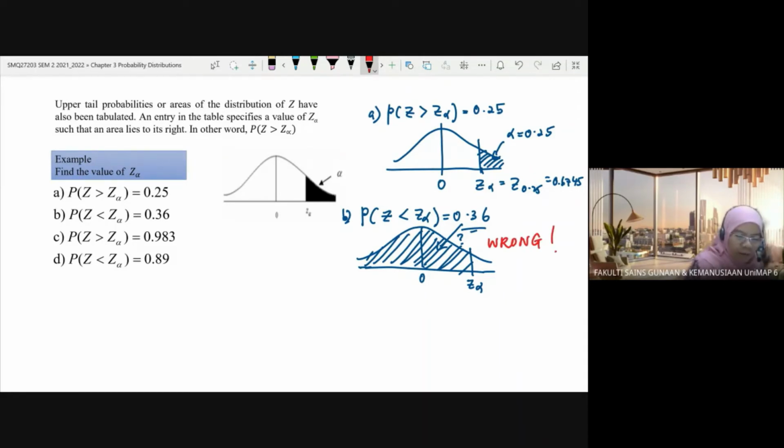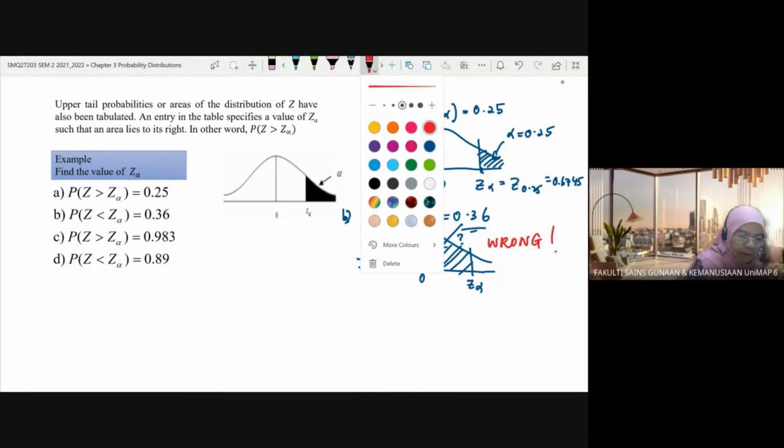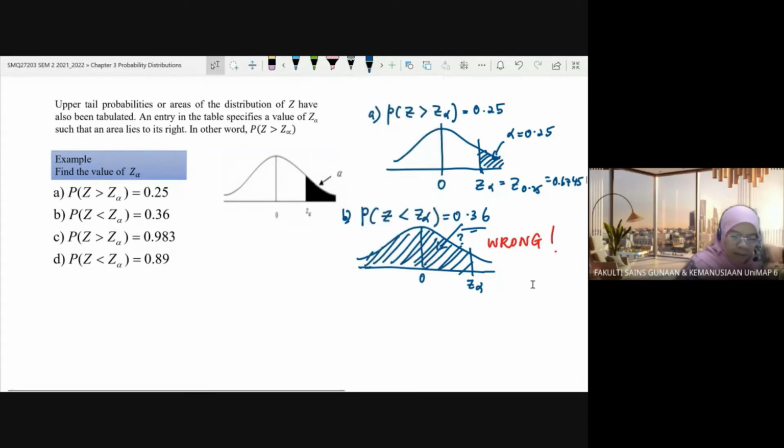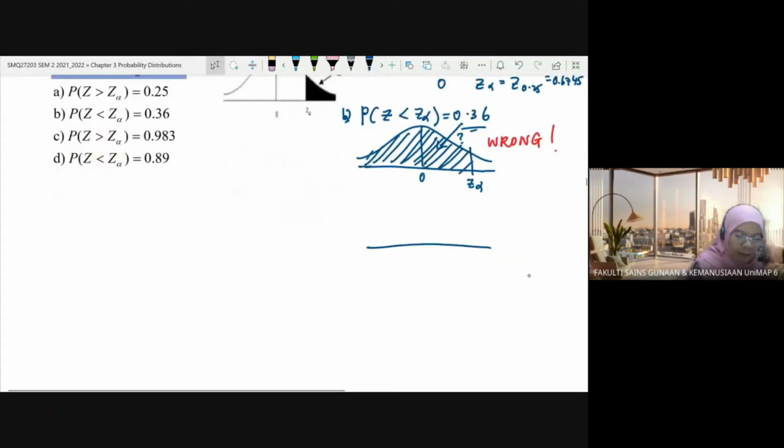So what if we test another one? Okay, we test the other Z alpha. Let's say I have 0 here. 0.36 is very small. Let's say this is Z alpha, but in this case, Z alpha will be negative. So this is 0.36. Yes, makes sense. Okay, so in this case, we know then our Z alpha will be negative.